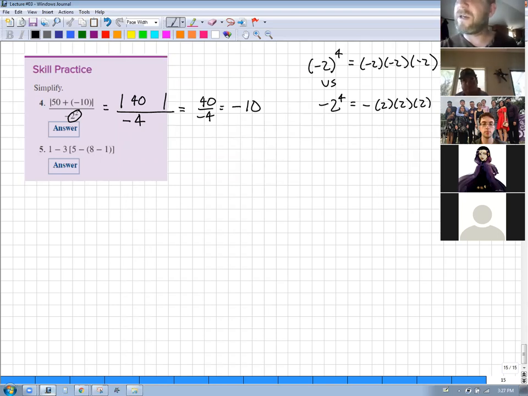This would be a negative 2, and this would be another 2. So this would be a positive 4, 8, 16. This would be a negative 16. Because that exponent here, this whole thing gets multiplied by itself over and over again. Down here, only the 2 is multiplied by itself over and over again.